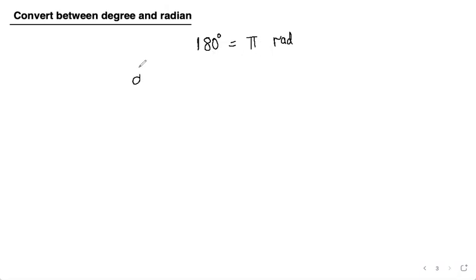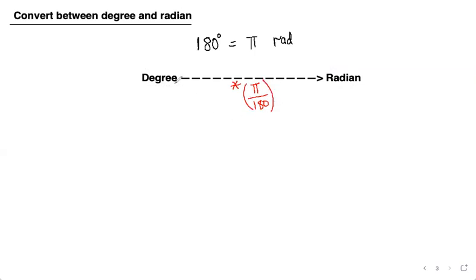So to convert from degree to radian, we must multiply the degree by pi over 180.